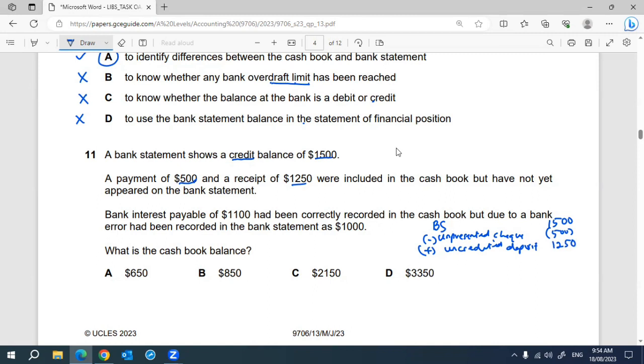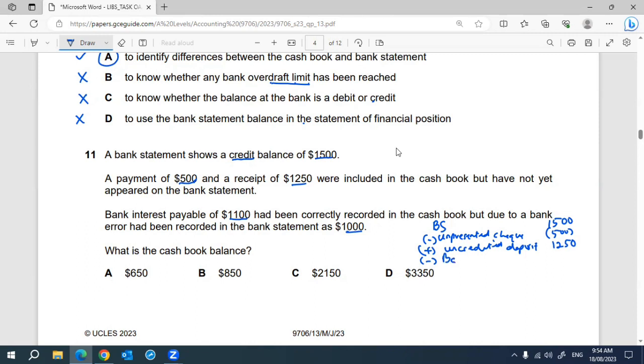And finally, bank interest payable of 1,100 had been correctly recorded in the cash book, but due to a bank error, the bank statement recorded it as 1,000. So this means that the bank only deducted 1,000 instead of 1,100. Which means the bank statement has understated the amount. So the bank statement needs to deduct a further 100.